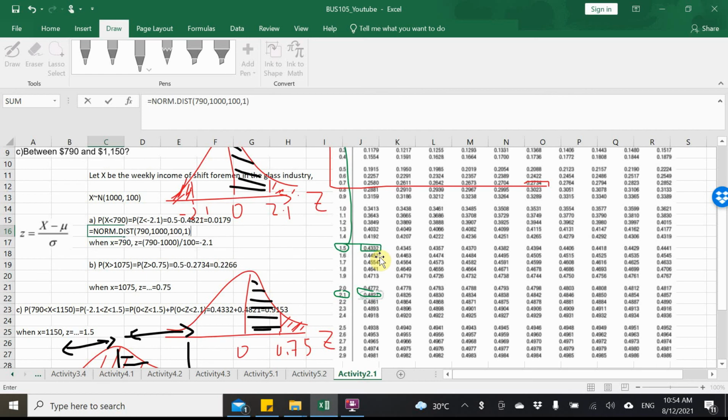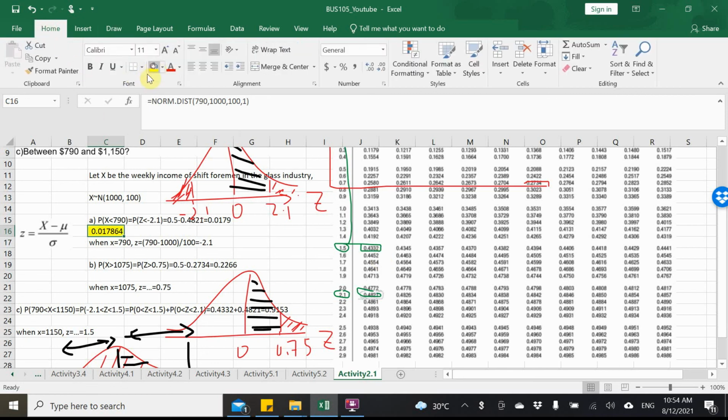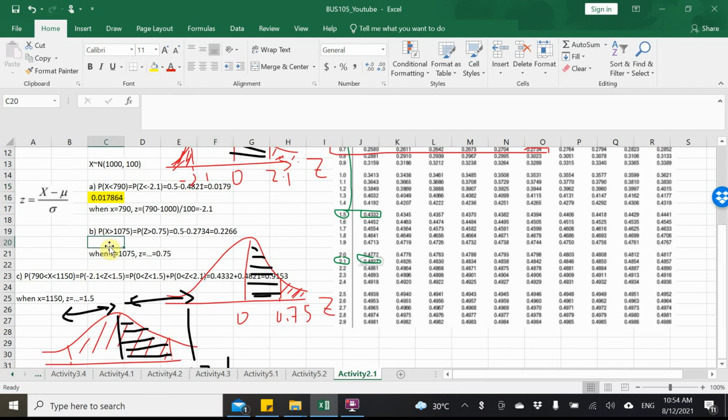And let's see what answer we get here. It's exactly 0.0179, right?